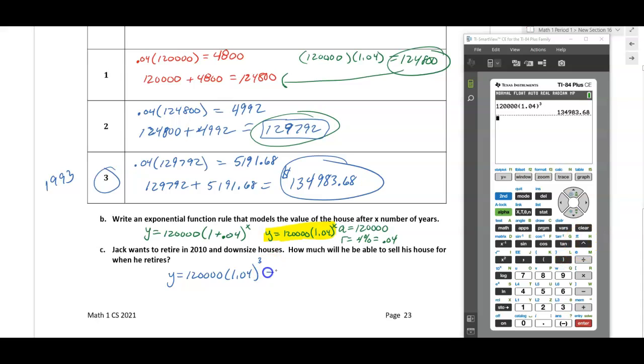Look what it gives me. It gives me 134,983.68.